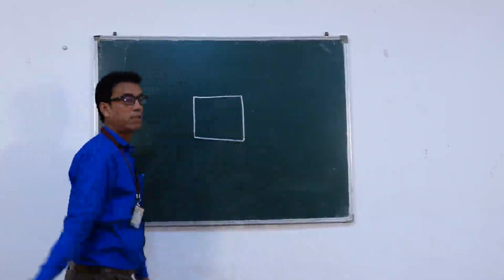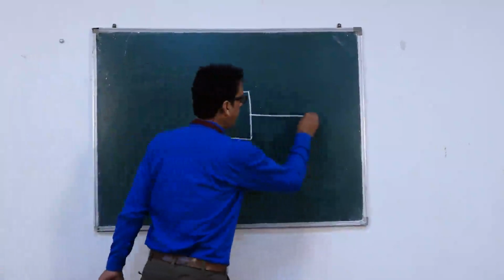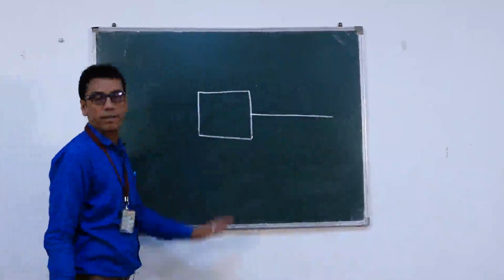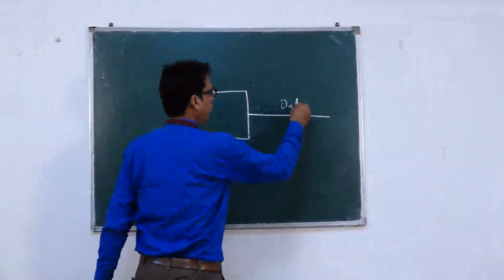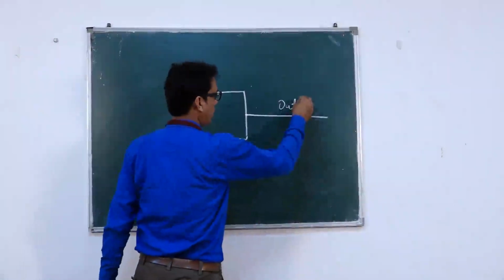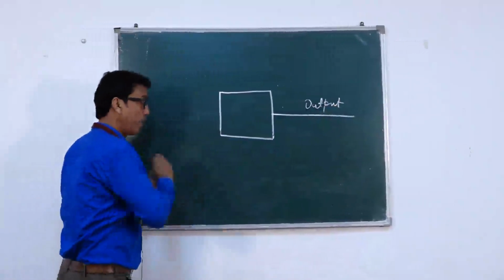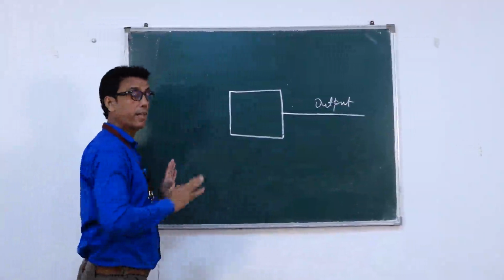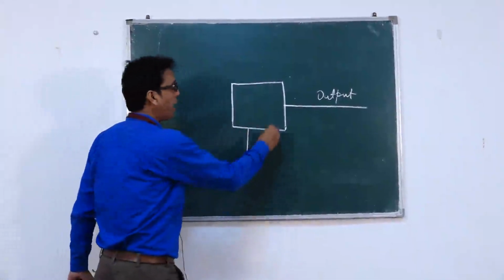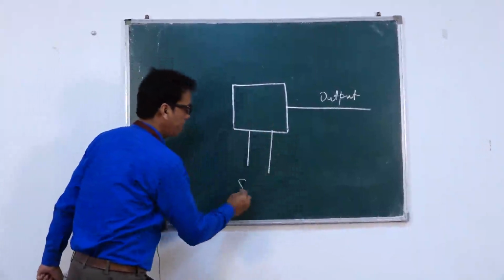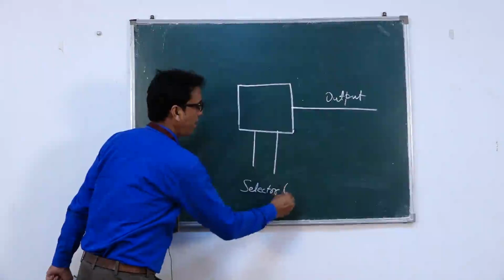This is the block diagram of multiplexer. As I have already told, the multiplexer has only one output line. No doubt about it. Now, when we talk about the input lines, there are two categories of input line. The first category is known as selector lines.